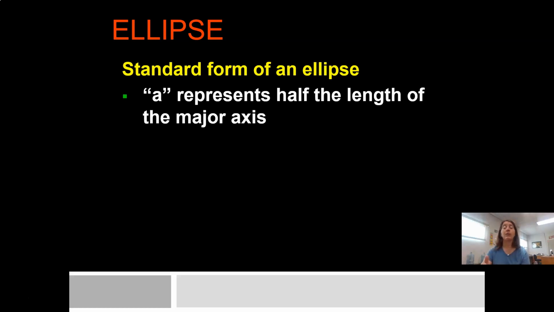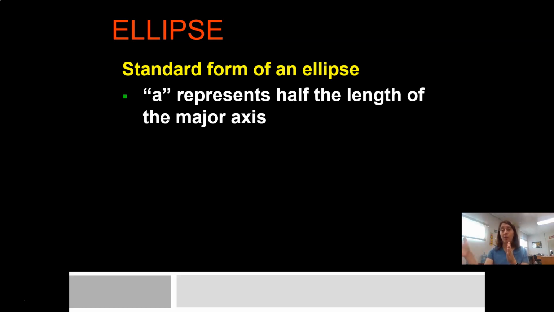The letter A, remember, is for the bigger of the two axes, and it's half of the length of that axis. So if I said the major axis is the x because my bigger number is underneath the x squared, once I locate the A, I would go right that many spaces and I would also go left that many spaces. So it's splitting it in half. If that number was 25, what did I square for 25? The number 5.